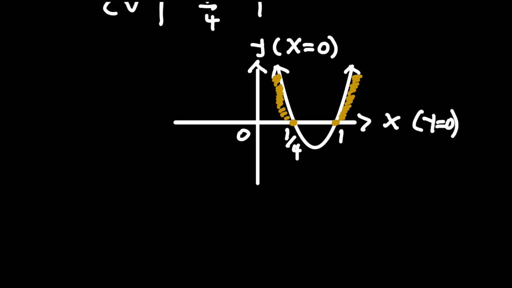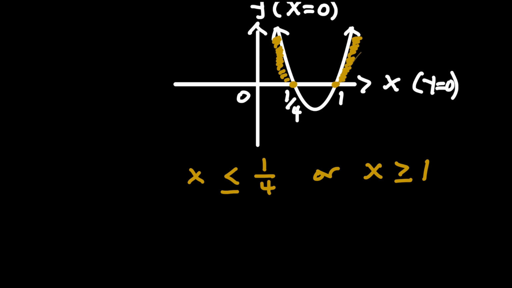So now the points that you are looking for are when x is less than 1 over 4, and not only less than, but less than or equals to 1 over 4, or when x is greater or equals to 1, right? So we can also express this using this notation. This element symbol here means an element of, or a member of.